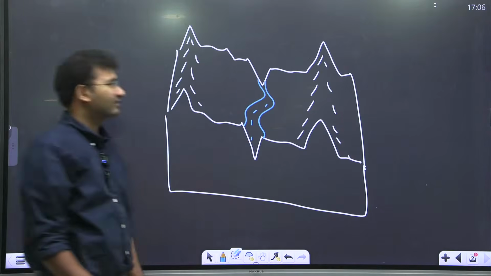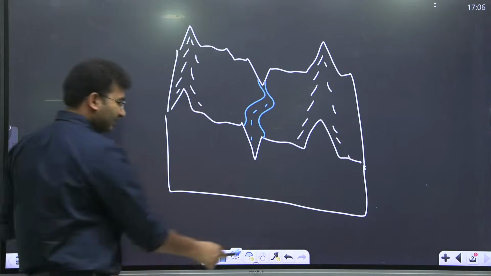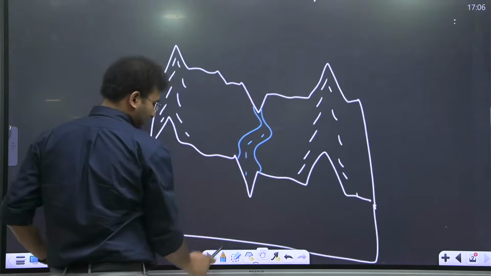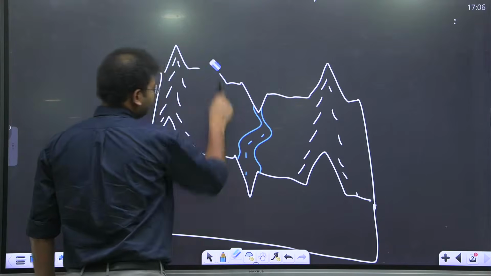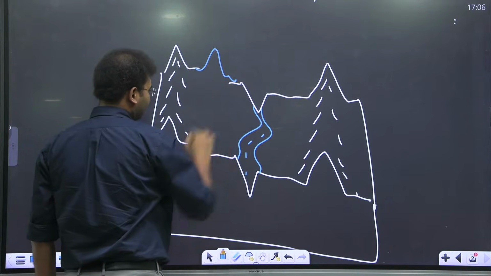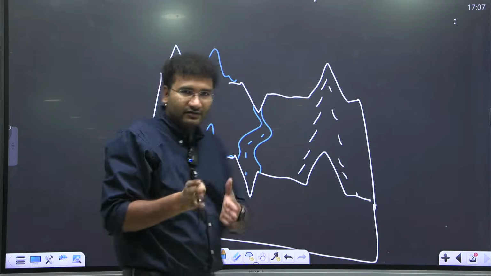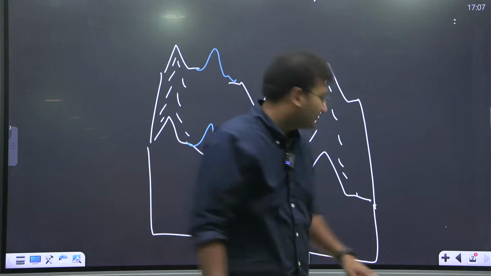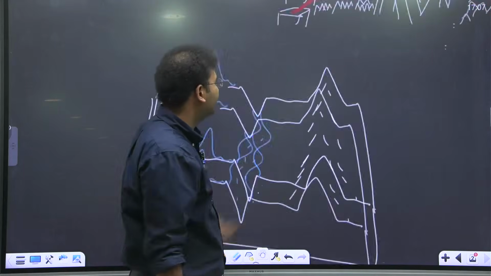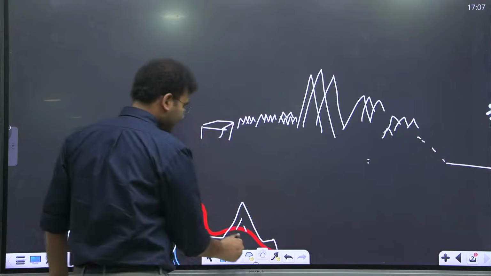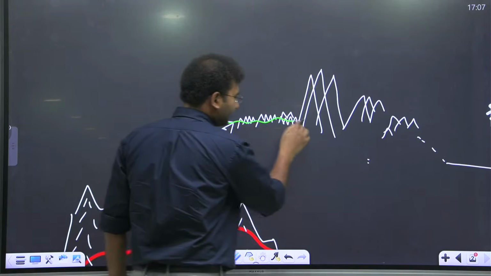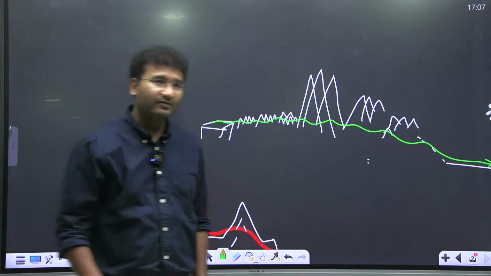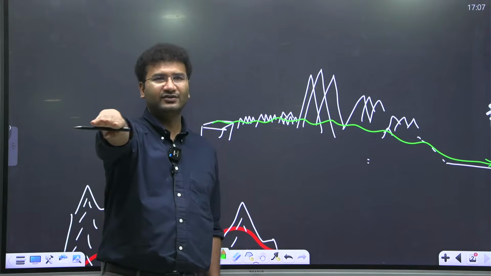Okay? It cuts across and then comes. It's not that the river is simply rising above. It will simply cut whatever comes in between. So let's say if you put one more mountain, wherever the river goes, it will stay at the same height and cut the mountain and come. So an antecedent river is a river which cuts across the mountains and comes onto the slopes, right? A consequent river is one which is simply following the path of the slope.